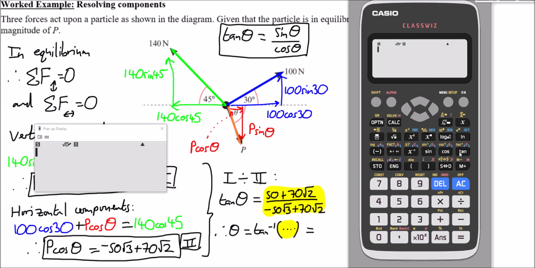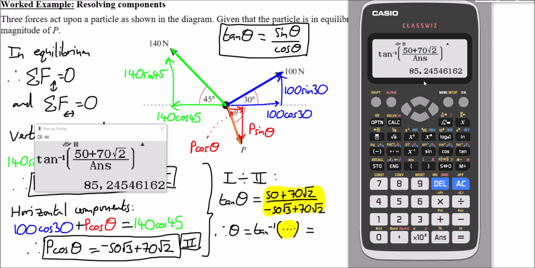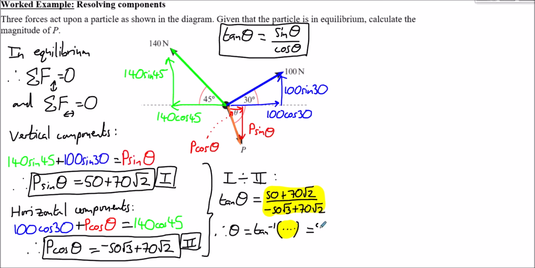So shift tan minus 1, 50 plus 70 root 2 on the top, divided by what I just had on the bottom, which is my previous answer. I'm going to just keep stored on my calculator. Close brackets, press equals. I get a very big angle indeed. So the size of this angle is pretty huge. It's almost perpendicularly down, but it's not quite. It's 85.245 and so on. 84.245 I'll call it.